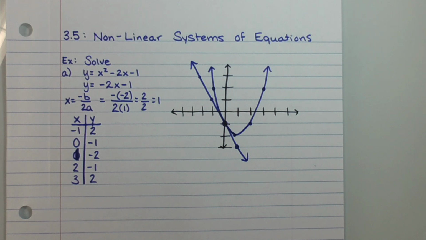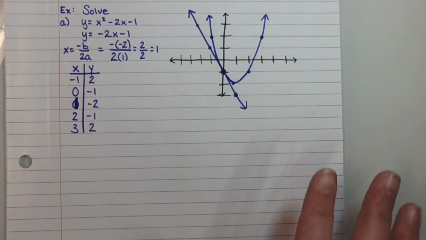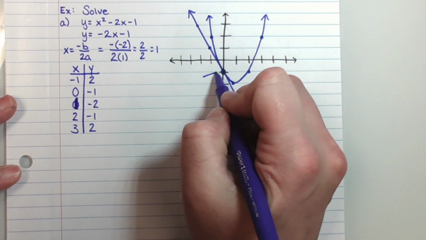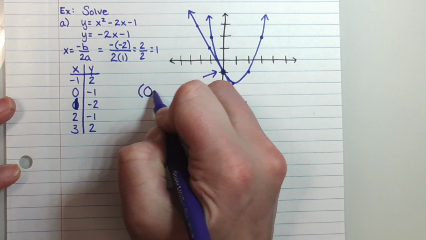Now note that my goal was not to graph. My goal was to solve by graphing. What's the solution? The coordinate point 0, negative 1. The solution to a system of equations is where the two equations intersect. And they intersect right there at 0, negative 1.